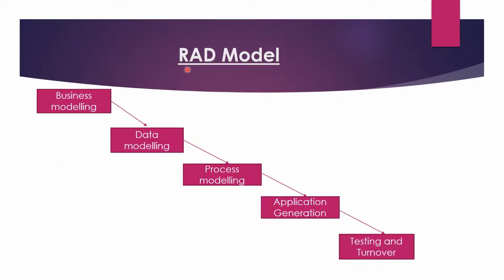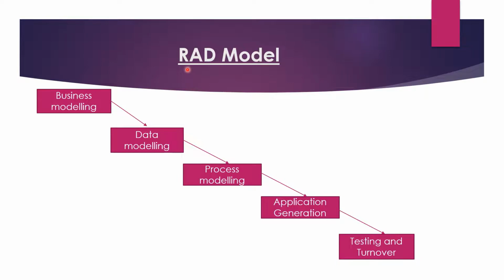RAD model. RAD stands for Rapid Application Development model. This model is basically used to build software at a faster pace. As we know, the linear sequential model puts more stress on getting the correct design first, while the rapid application development model puts more stress on frequent changes and then discarding the incorrect design.